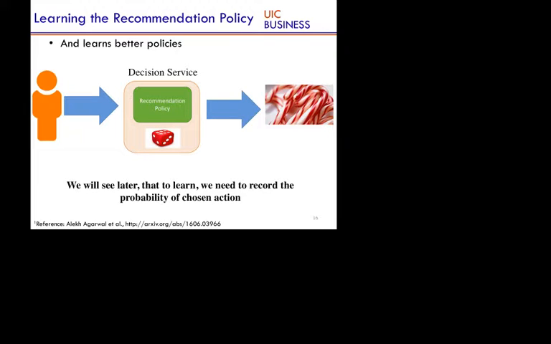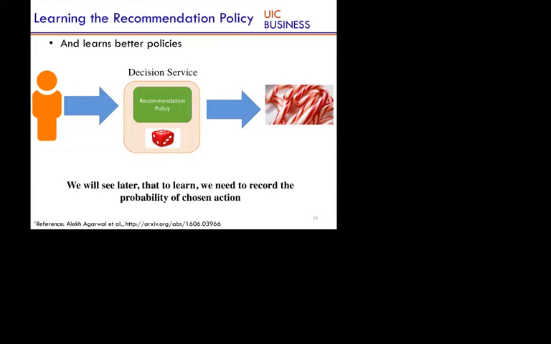In the news recommendation setting, the reason I introduced this die is that later on we'll see that for a decision service to learn better and better rules, it will need to track the probability of the chosen action. We'll see that towards the later part of this lecture.